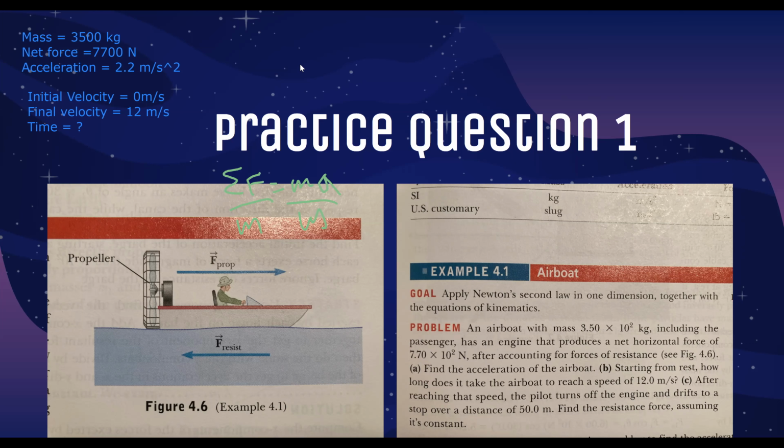So you have delta x in the first and second equations, and you wouldn't use those because they don't tell you any distance whatsoever, and they're not asking about the distance. So immediately you can eliminate those two equations and use the third one, right? Because it has all the givens and you can just solve for one variable.